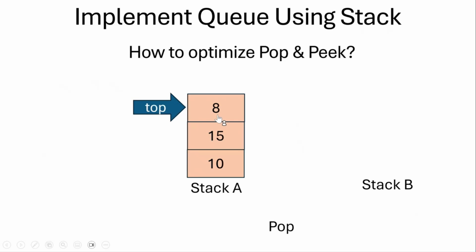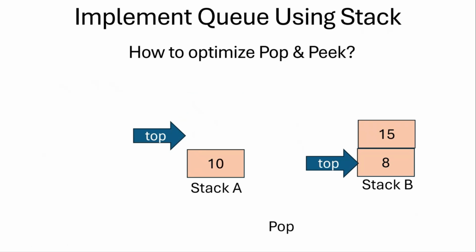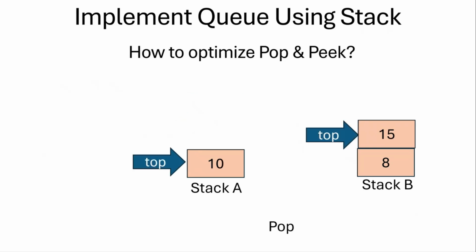Whenever the pop operation is performed, we move the elements to stack B, but instead of moving them back from stack B to stack A, we can keep them in stack B only.